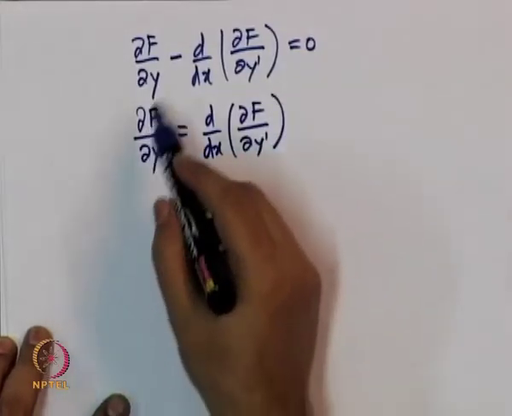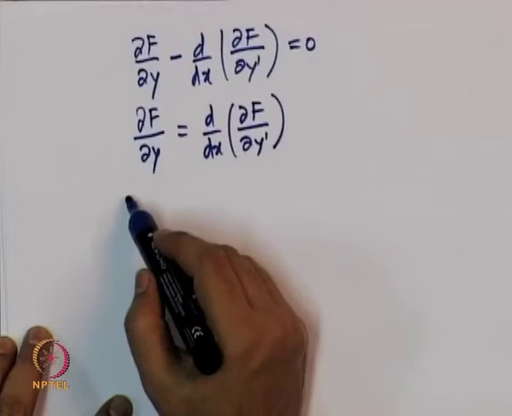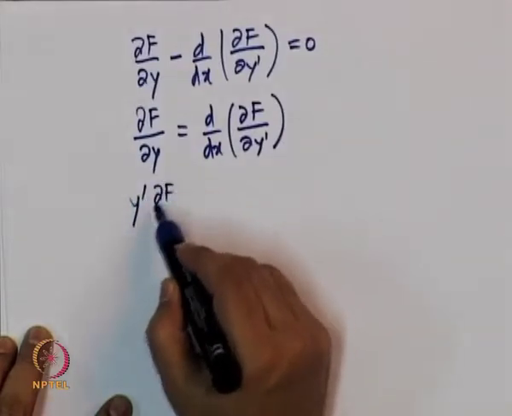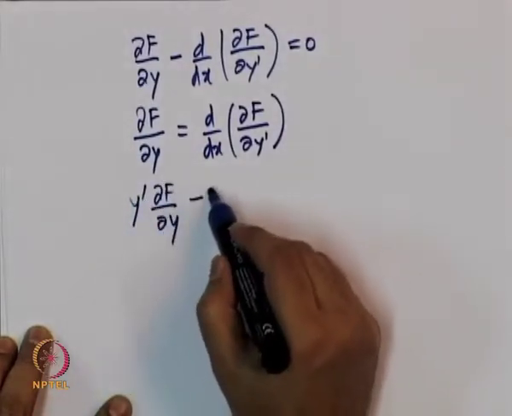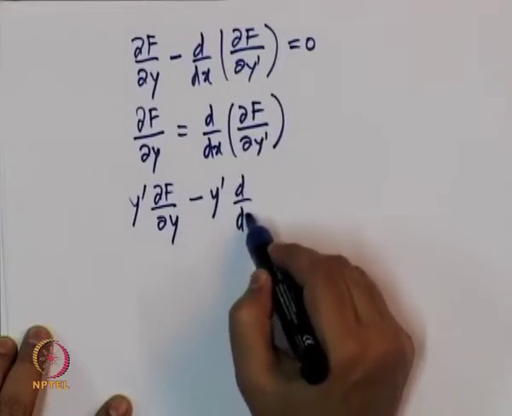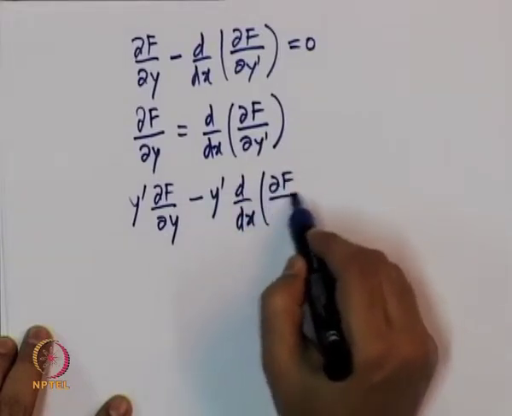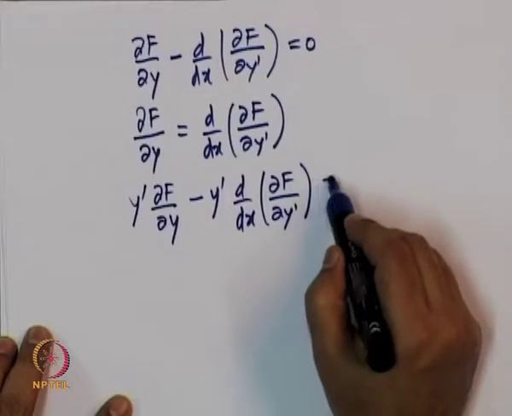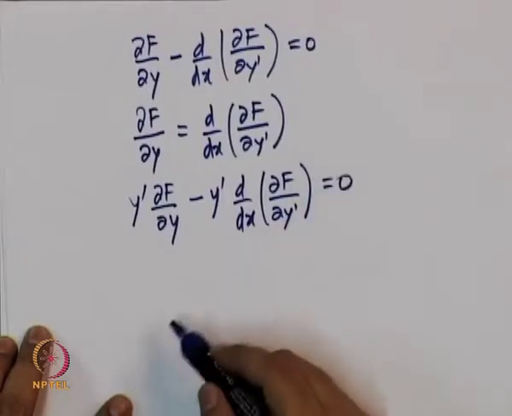Okay. Now, we multiplied this by y'. So, we had y' ∂f/∂y minus y' d/dx of ∂f/∂y' equal to 0.